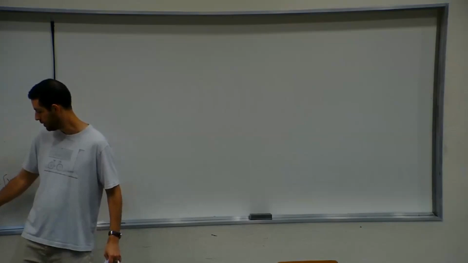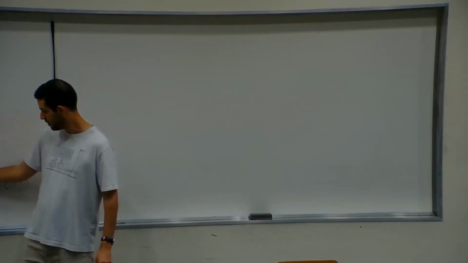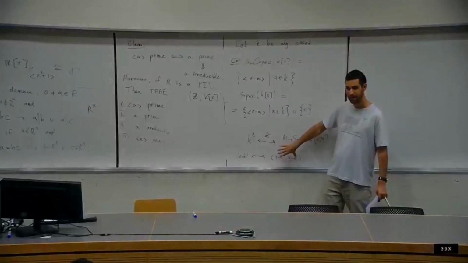And what is the correspondence? If we take the point (a, b), then it corresponds to the ideal generated by x minus a, y minus b. We already mentioned that this ideal is maximal. What remains to show is that every maximal ideal is of this form.